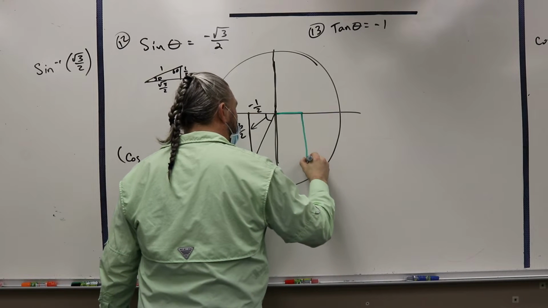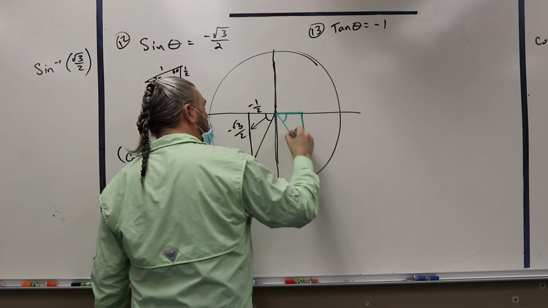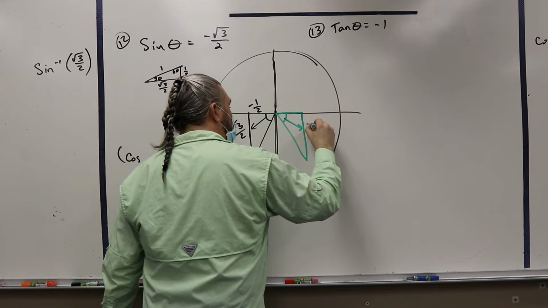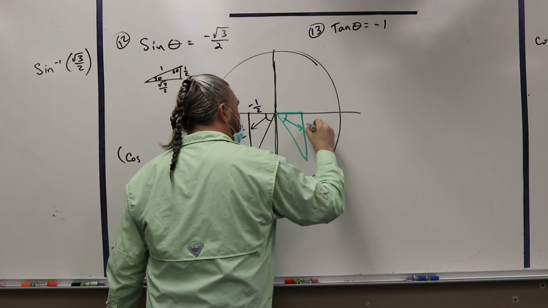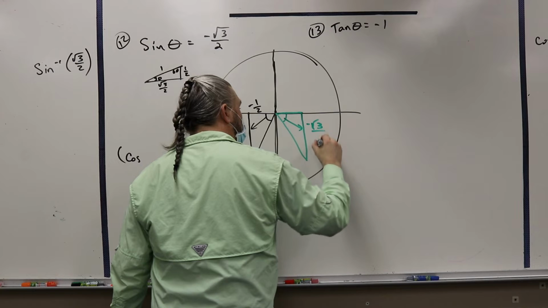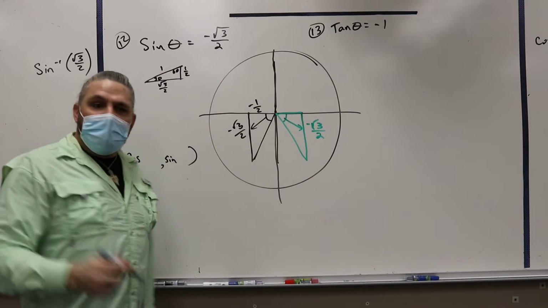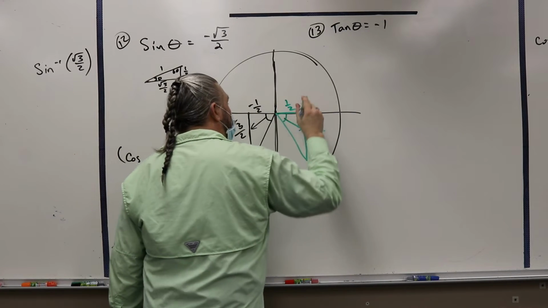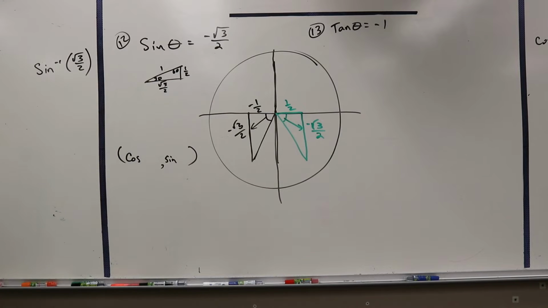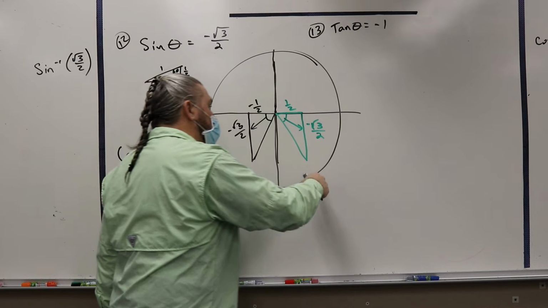Negative square root 3 over 2, yet your x is 1/2, but again, we don't care about the x, we care about the sine, the opposite side. And we don't care about the hypotenuse.